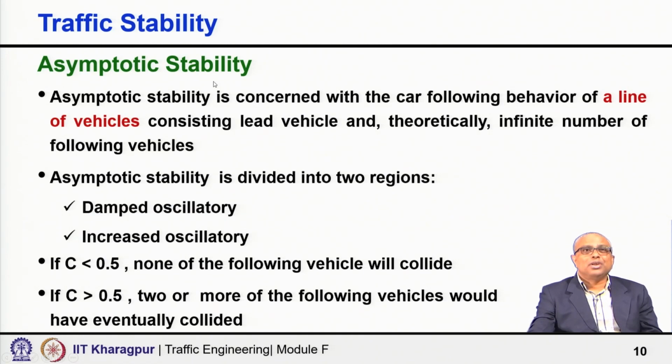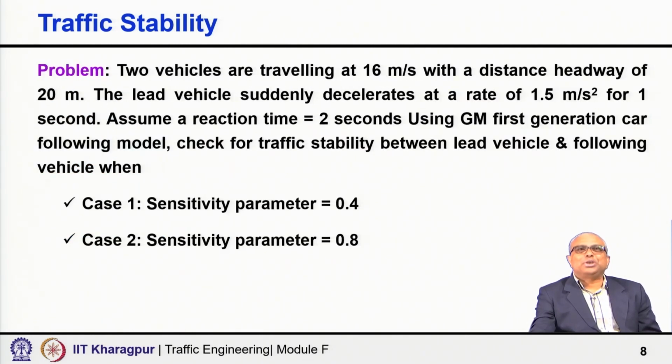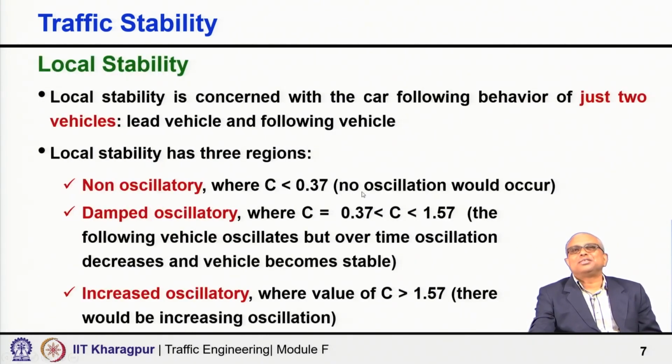It can occur when we describe car following behavior in a line of vehicles consisting of a lead vehicle and theoretically any number of following vehicles, infinite theoretically, present in the traffic stream. Because multiple vehicles are present, you are unlikely to get a non-oscillatory situation.